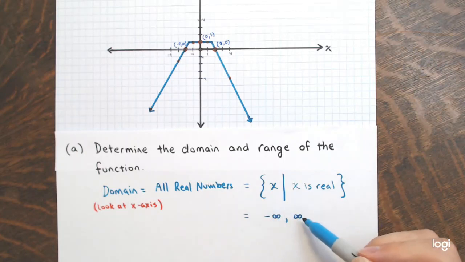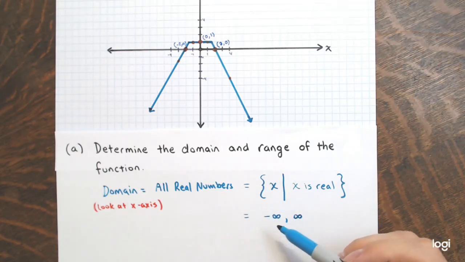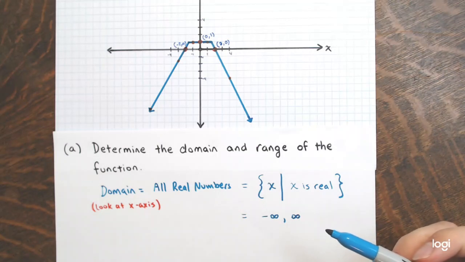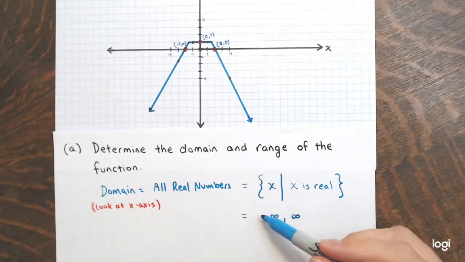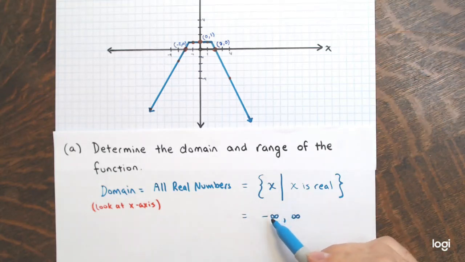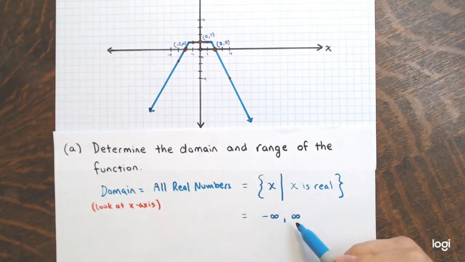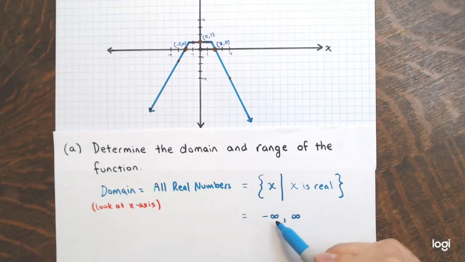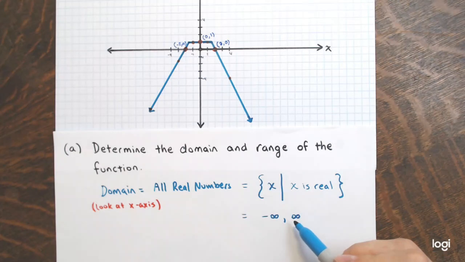And then you cap these off with either parentheses or a rectangular bracket. The parentheses mean that those numbers at the end are not actually part of the set, and really -infinity and infinity are not numbers. These are concepts. This means I have no lowest, this means I have no highest value in the domain.